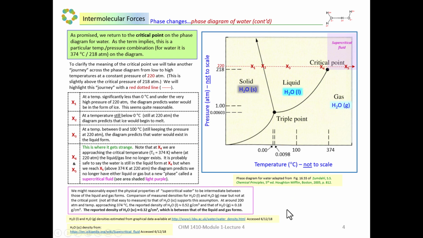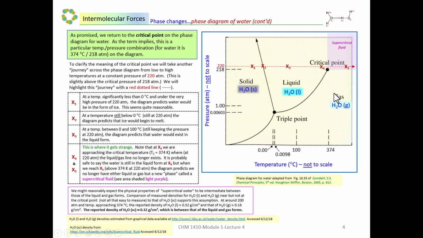Now we might reasonably expect the properties of supercritical water, in other words, water in the form of a supercritical fluid, to be somewhat intermediate between that of liquid and a gas, because remember we said the supercritical fluid is a fluid that's formed when the phase boundary between liquid and gas just seems to disappear.